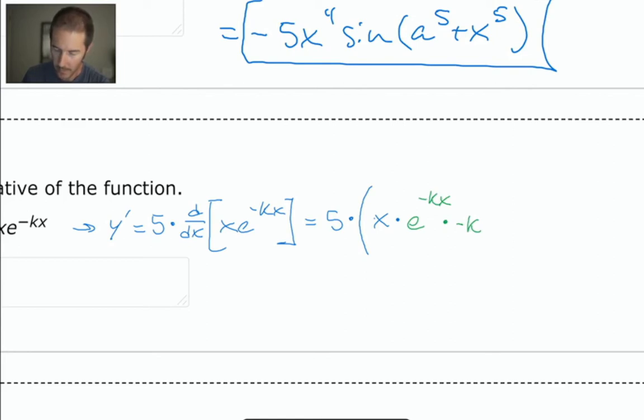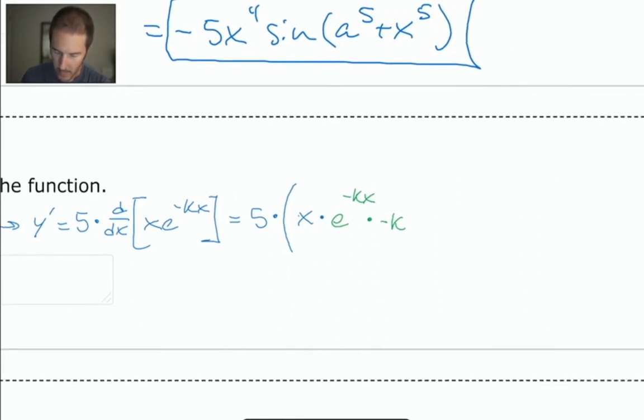We'll come back and talk about that in a second. So we kept the first factor of x the same. We multiplied by the derivative of the second factor, which was e to the negative kx. And now we're going to add. We'll take the derivative of x, which is a 1, and we'll keep the second factor of e to the negative kx.